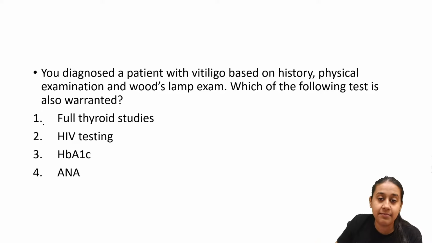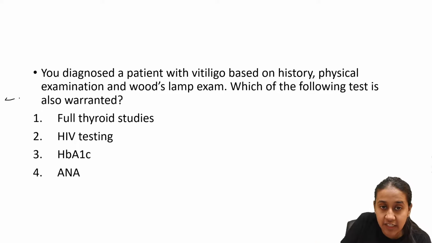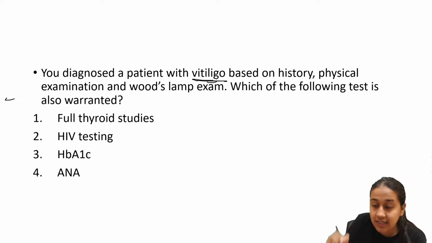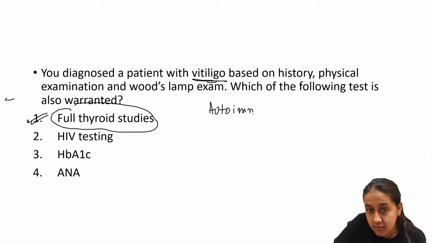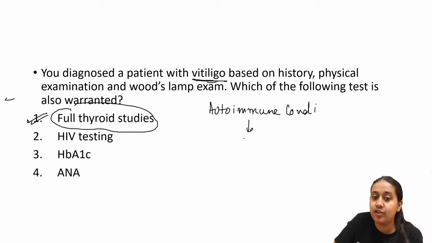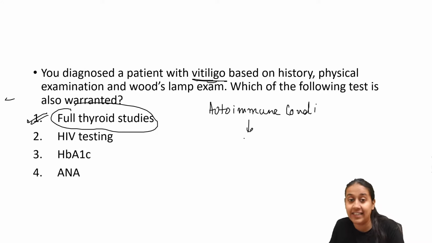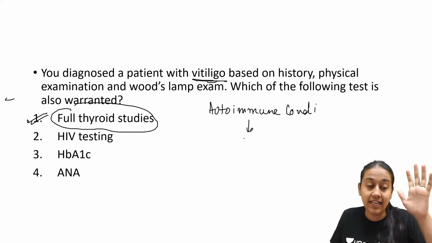Very nice. Please remember, in a patient with vitiligo, the next test which you will do is a thyroid profile. Now we have just now discussed that vitiligo is an autoimmune condition, where you have autoimmune T lymphocytes directed against the melanocyte.